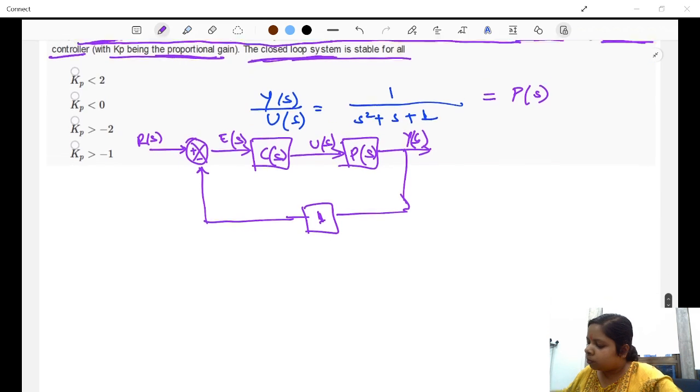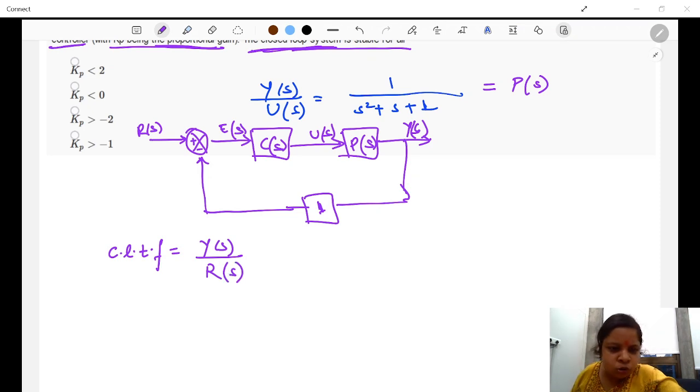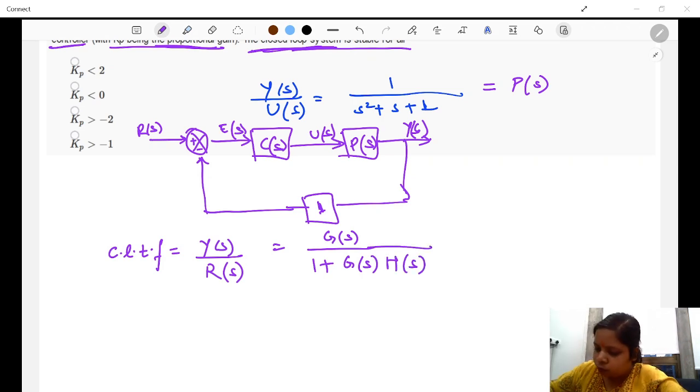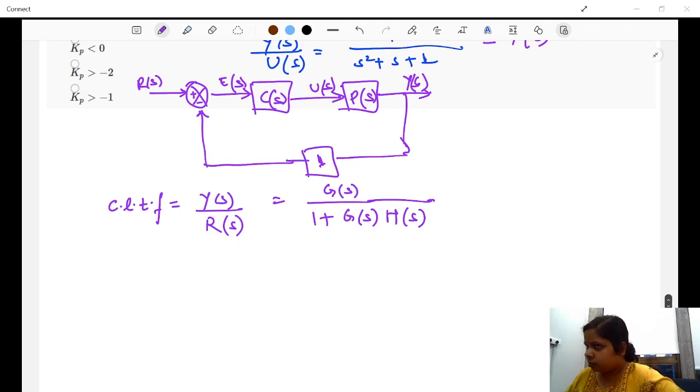So the closed loop transfer function for this system is Y(s) upon R(s), which is G(s) upon 1 plus G(s)H(s). This is what we have learned, that for a negative feedback closed loop control system, this is the transfer function.